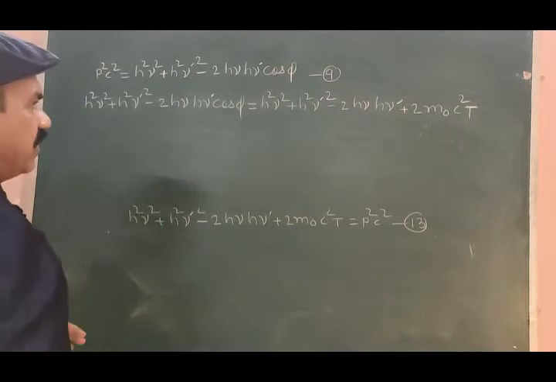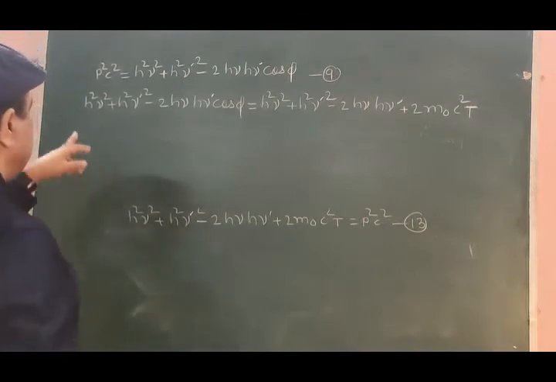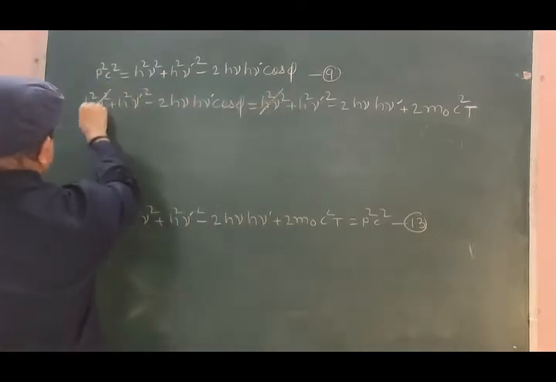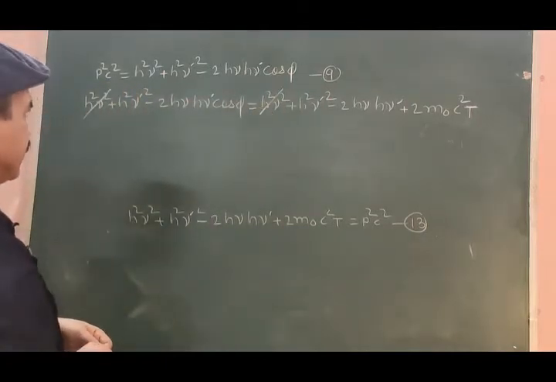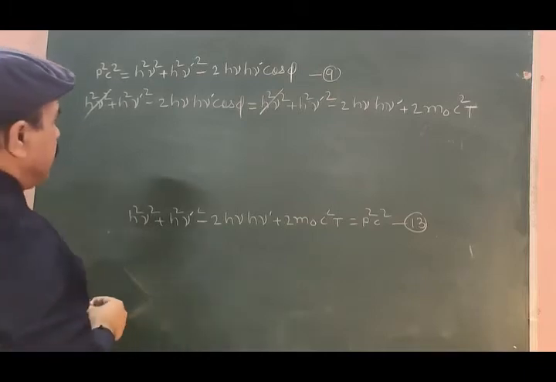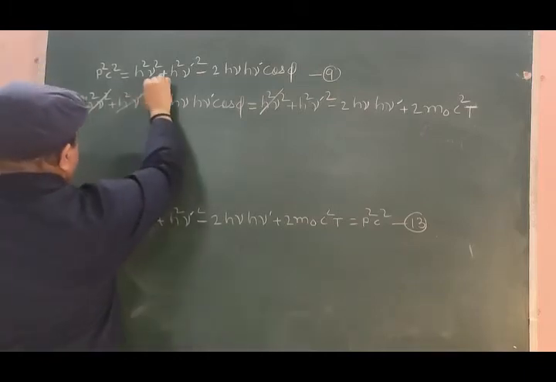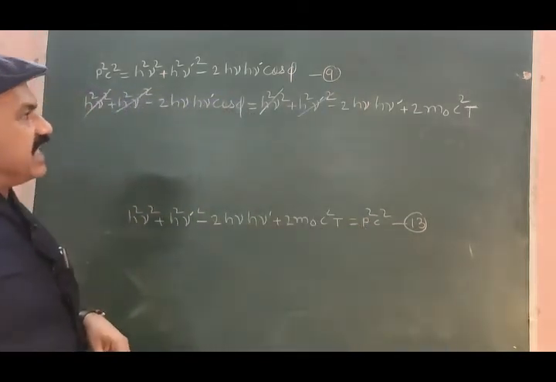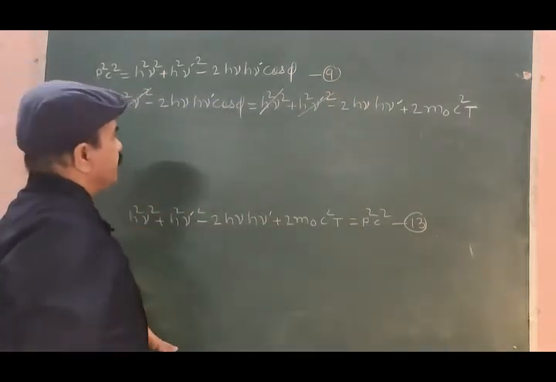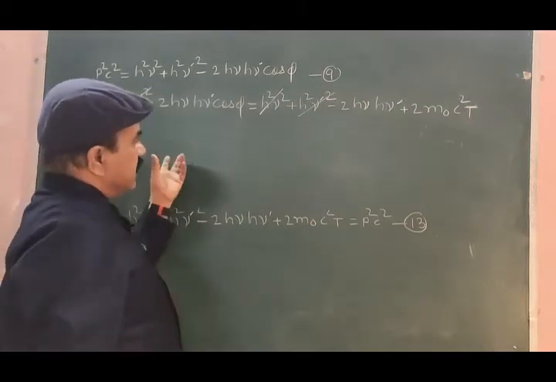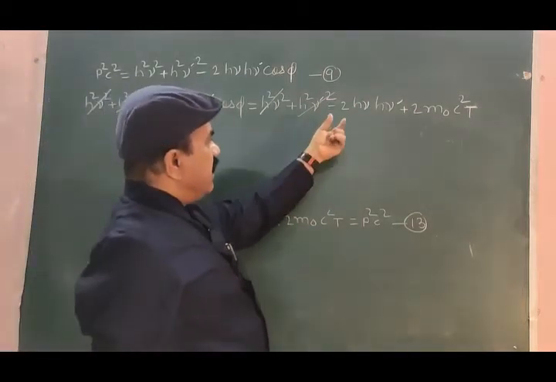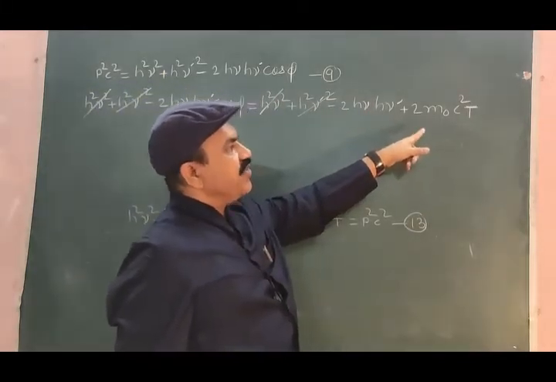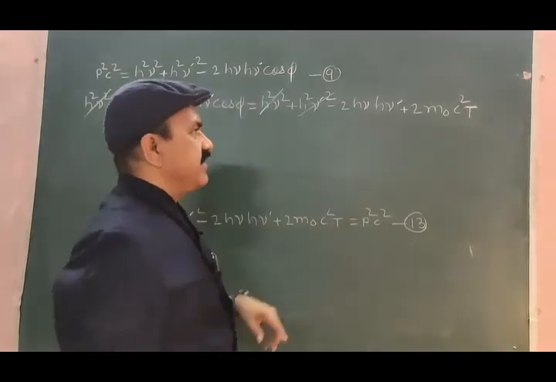And now let us have a look into this equation. H square nu square identically cancels out from both sides. Similarly, h square nu dash square identically cancels out from both sides. Now, while collecting the remaining terms, let us transfer this term to this side and keep 2 m0 c square T on one side.